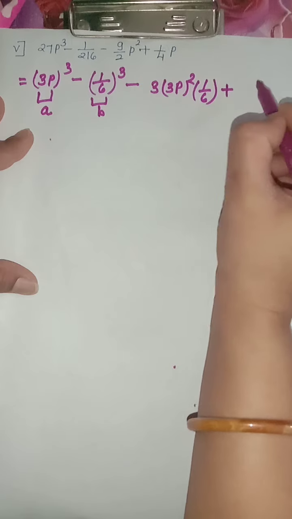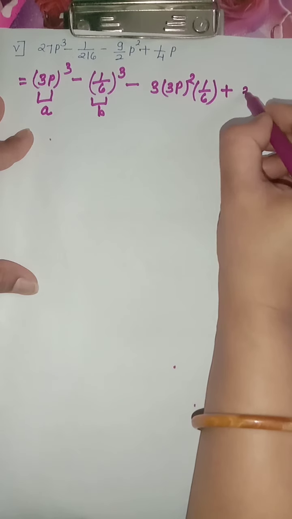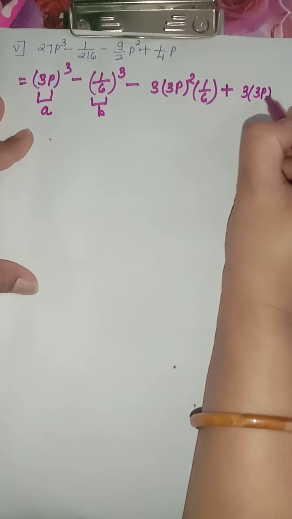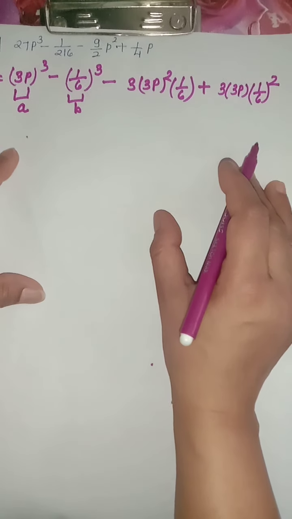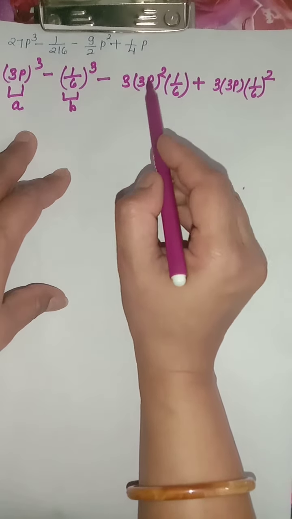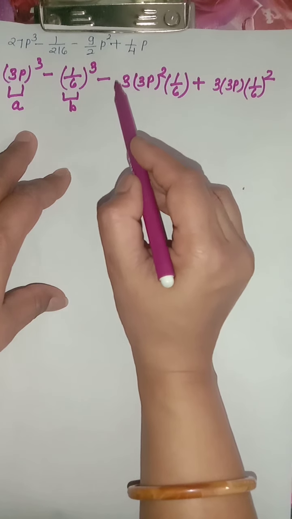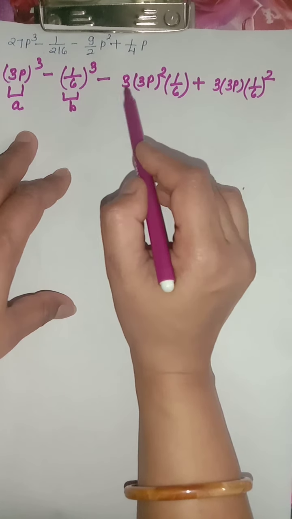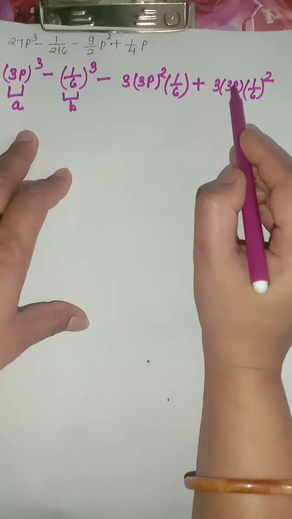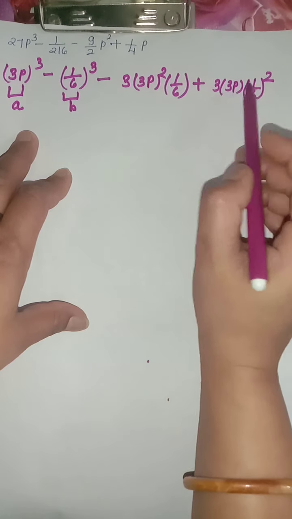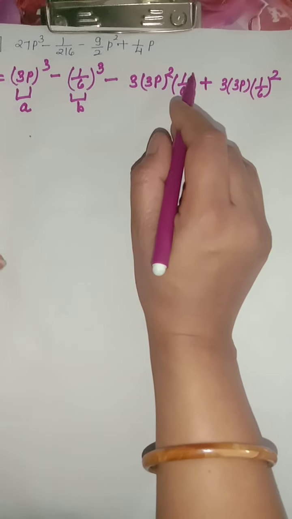Next step, 3ab square: 3 into 3p into (1 upon 6) whole square. You can cross check also, student. 3 3s are 9, 9 3s are 27, and when you simplify this 27 with this 6, you will get 9 upon 2. 3 3s are 9, and when you simplify this, you will get 1 upon 4p.